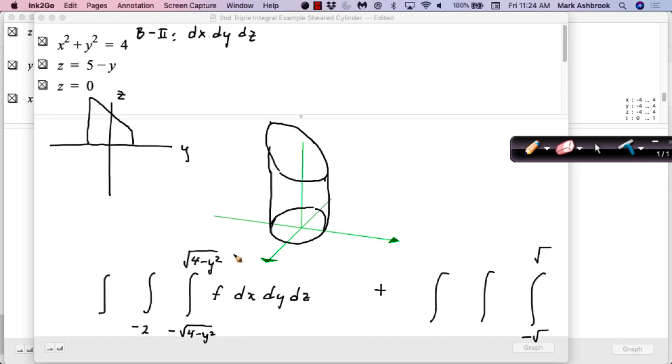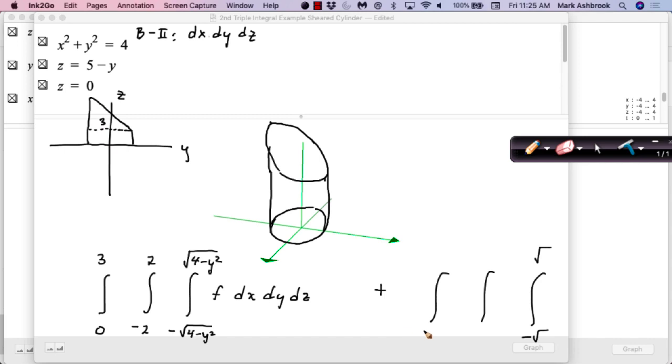But then when we get to the inside double integral, the left side is always -2, but the right side is either that or that according to this z value. What's the z value right here? 3. So when z goes from 0 to 3, the right side is 2.